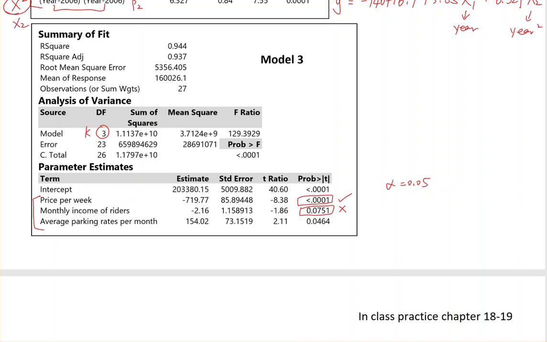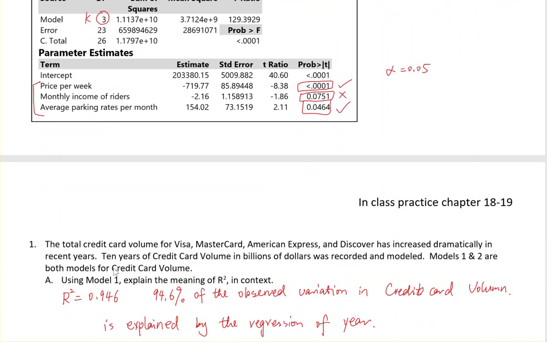Is this variable significant? Yes, because it is less than 0.05, right? So the question is asking which of the variables in model 3 are significant. It will be these 2 variables, right?